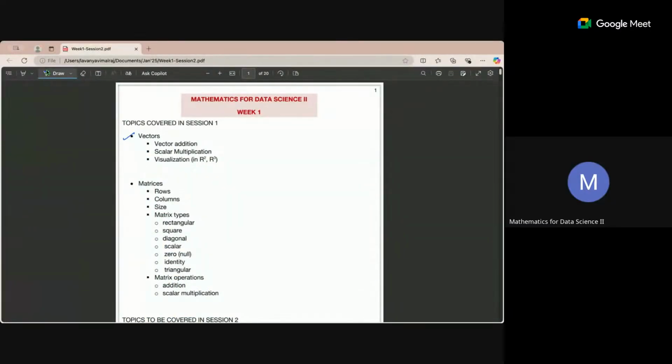So I'm switching to another PDF reader. So the screen is visible, right?